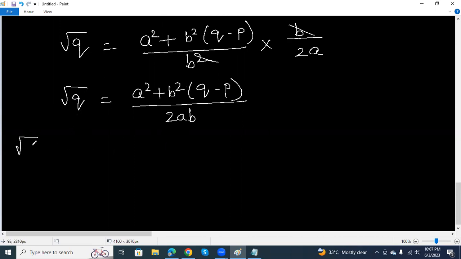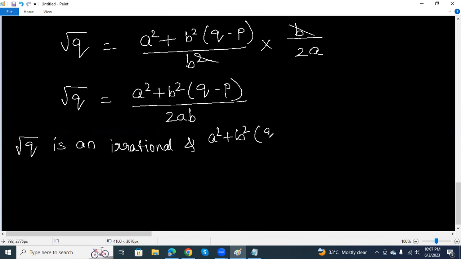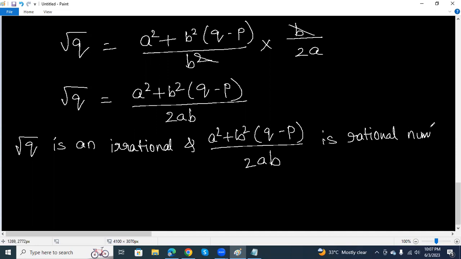So let's write: root q is an irrational, and a square plus b square times of q minus p divided by 2ab is a rational number. So an irrational can't be equal to a rational.